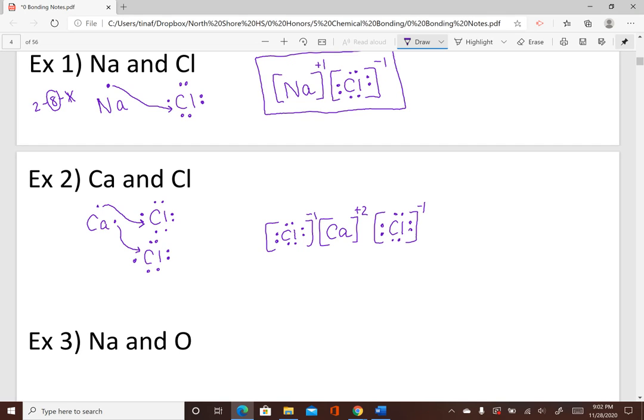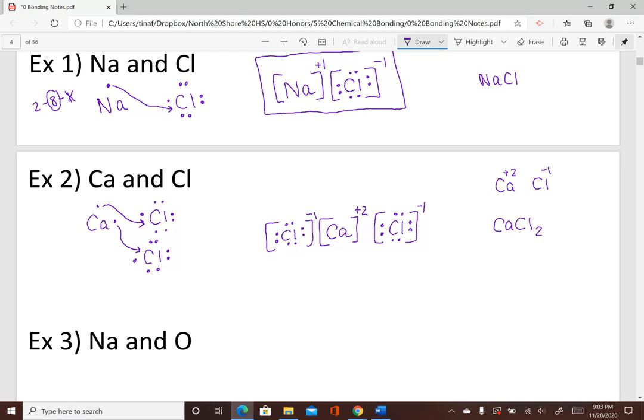Okay? Now, I want to show you guys a trick, which you're actually allowed to do. Aside from drawing a Lewis dot diagram to figure out that this compound would be CaCl2, where the other compound was just NaCl, there's also a little shortcut. If you take the metal and the nonmetal and you write their charges, on our periodic tables, we wrote down what type of ion each column creates.